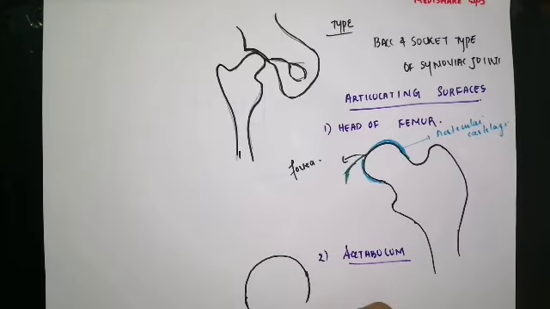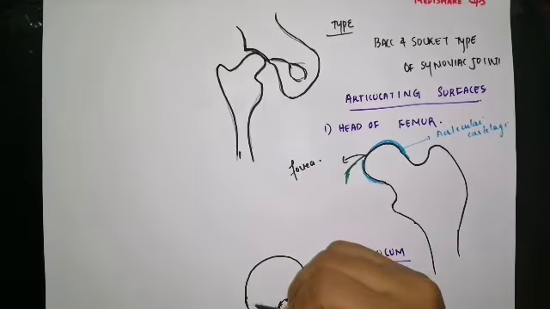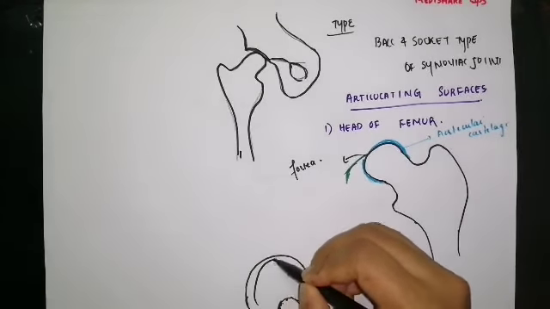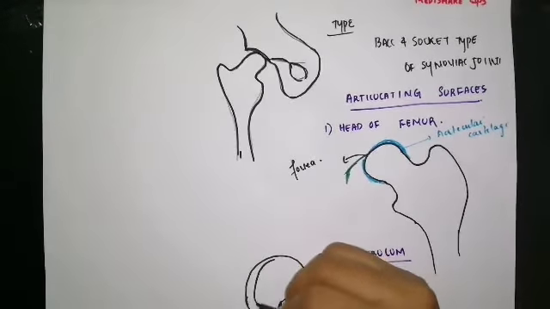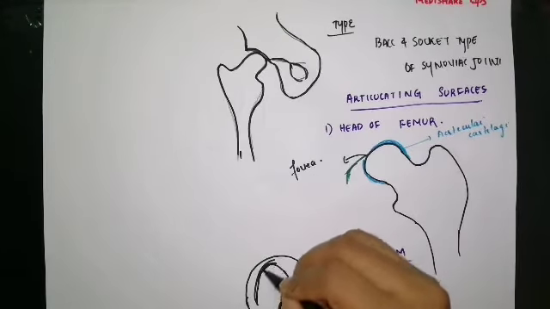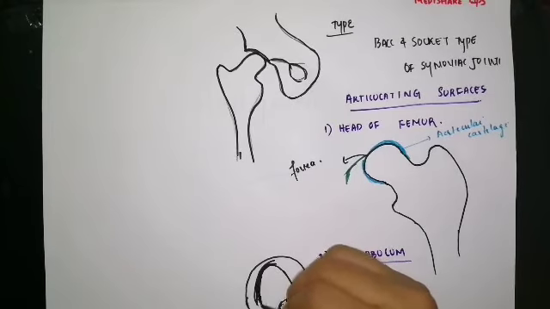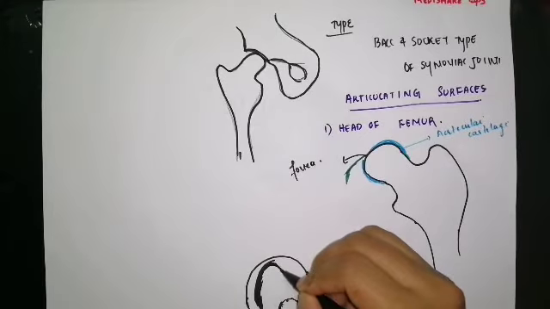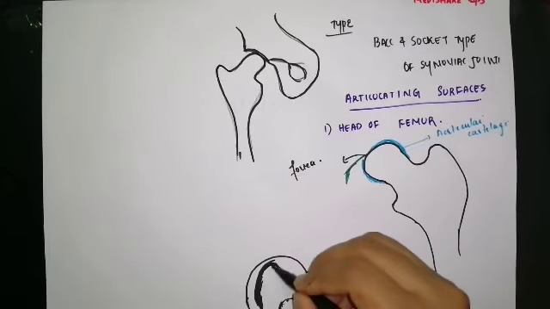It bears a notch at its lower part, and the notch is known as the acetabular notch, and you have a horseshoe shaped articulating surface here. This is a horseshoe shaped articulating surface on the acetabulum.